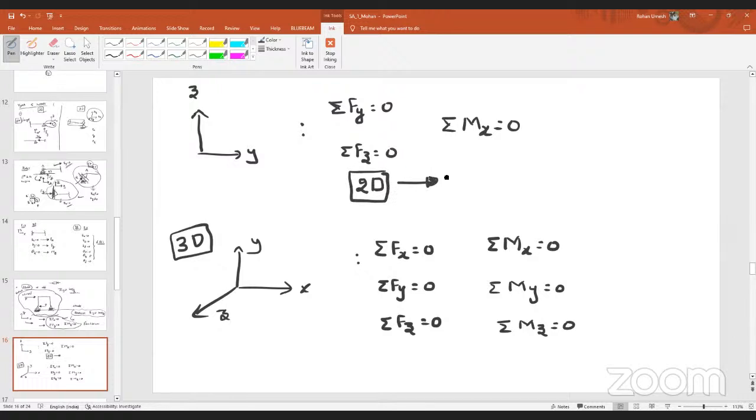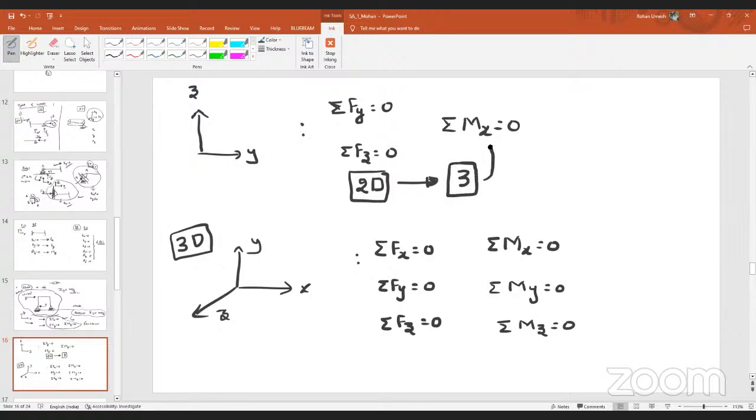The first criterion is that if you are talking about a structure, it should be stable. If it is stable, then rigid body motion should be avoided. How can we avoid it? By making the corresponding forces equal to 0. That means if it is a 2-dimensional problem, then in your hand you have 3 equations.